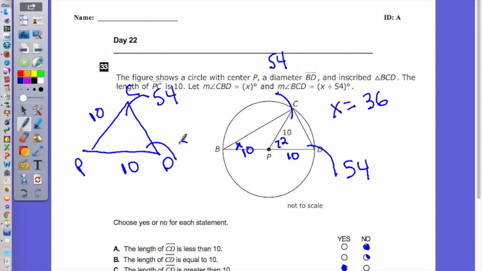This angle is 54 degrees. This angle is 72. Okay? So the side opposite the 72 is going to be greater than the side opposite the 54. Okay? And the measure of CPD we found is 72. That's greater than 60.